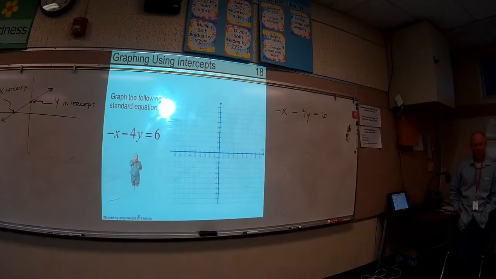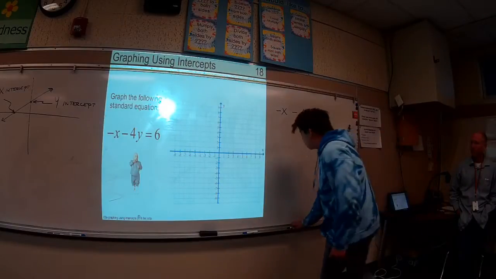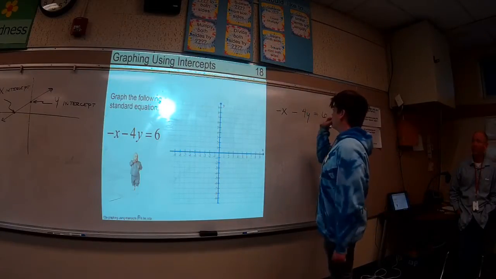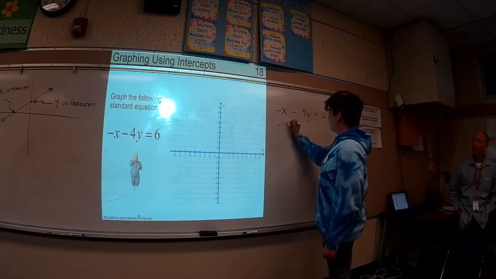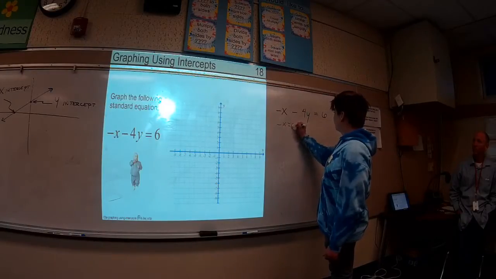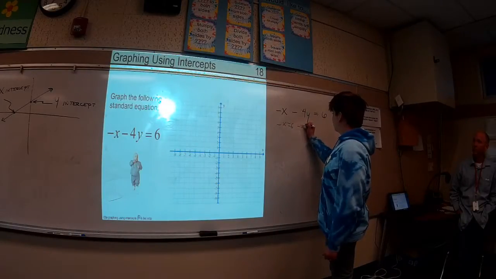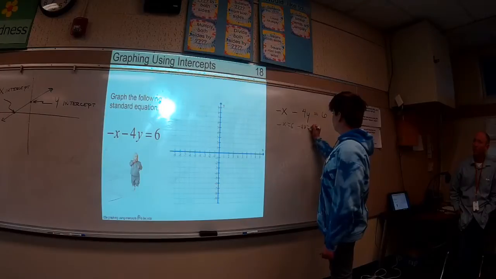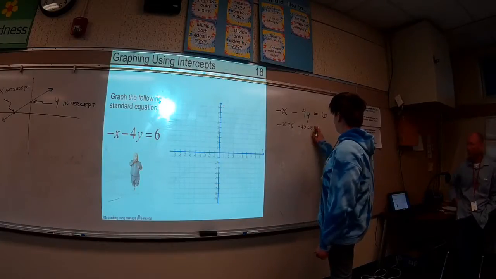You want to go up and do it? So all you're doing is splitting it into 2 mini equations. Here's the split. Negative x equals 6. Negative 4y equals 6. Good.